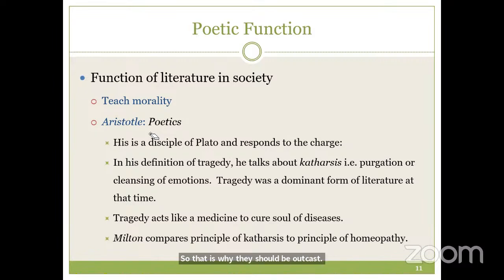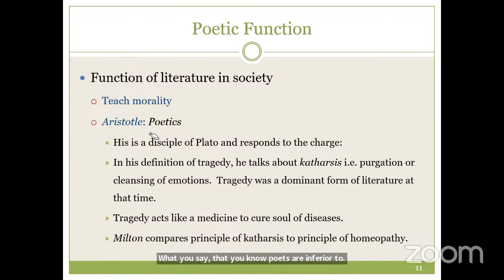He understands what his teacher says, but then he thinks critically because he is also a philosopher, like his teacher. Then he says, "Sir, hold on. What you say about poets being imitators, I agree. What you say that poets are inferior to philosophers, I agree.